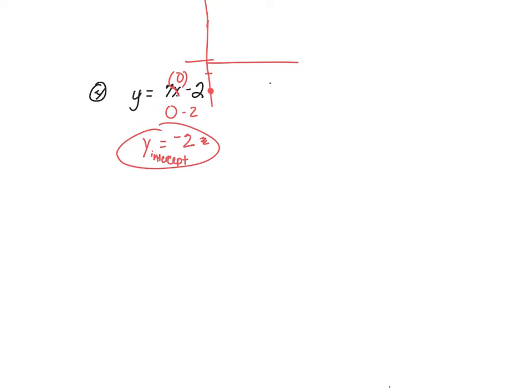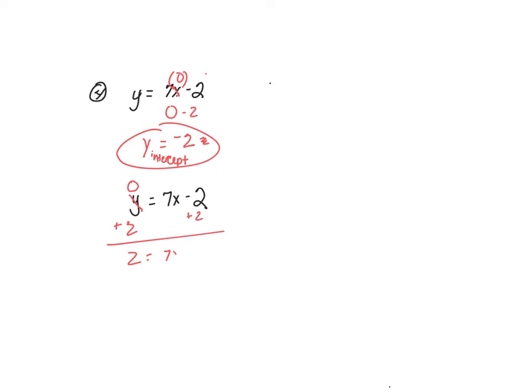Okay? So now we have to find the x-intercept. We're going to take this equation again, y equals 7x minus 2. Now let's say that y is 0. We're going to add 2 to both sides, so we're left with 2 equals 7x, divided by 7.